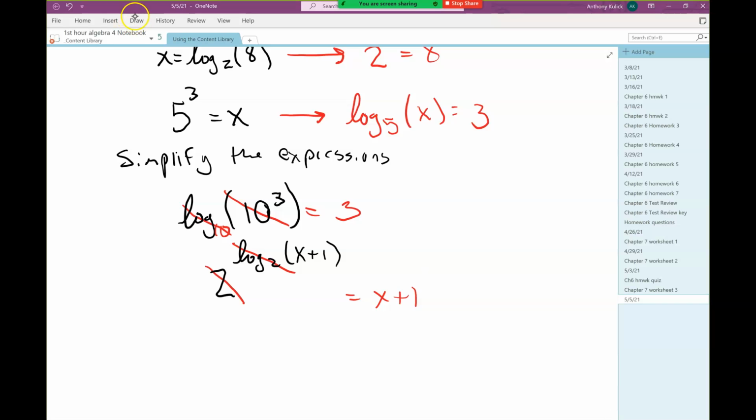And the last thing I'm going to ask you to do in the homework is be able to find some inverses. That would be just like the last 3 examples that we did.